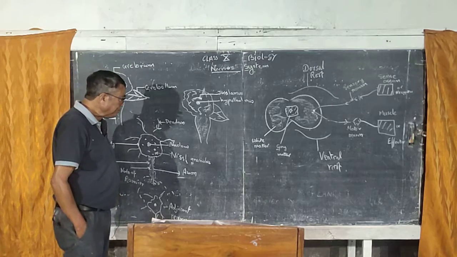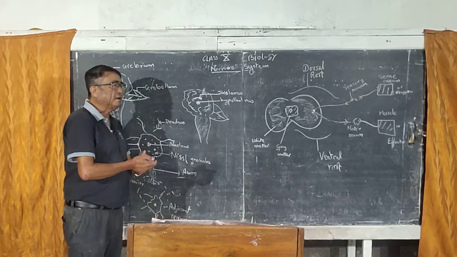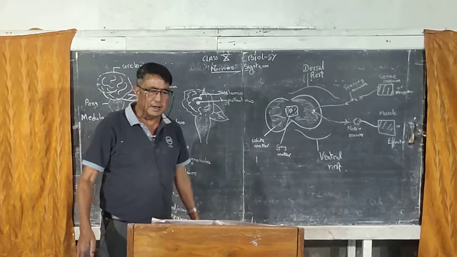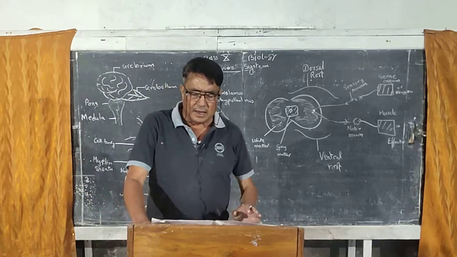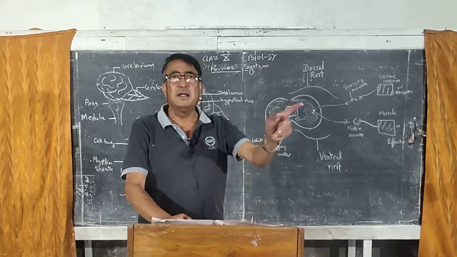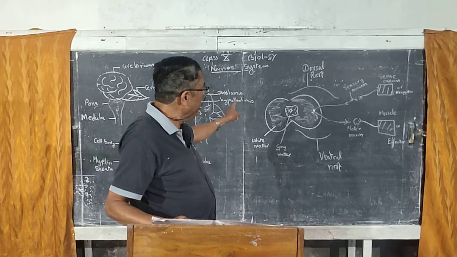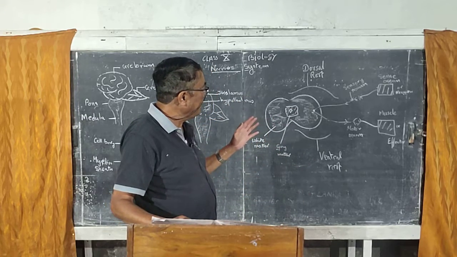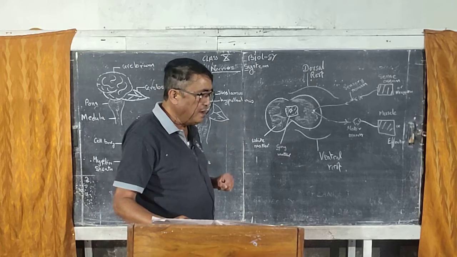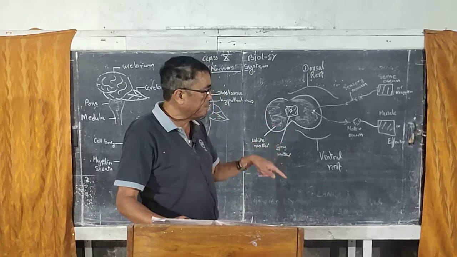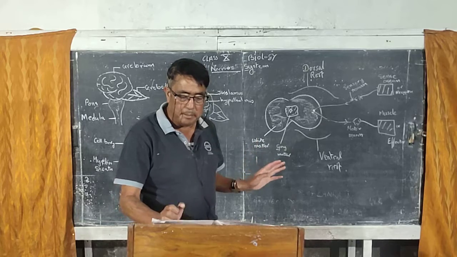Then the terms like what is a neuron, what is a nerve, then spinal nerve, cranial nerve. Spinal nerves are nerves which arise from the spinal cord, and cranial nerves are nerves which arise from the brain. Cranial nerves, 12 pairs; spinal nerves, 31 pairs.